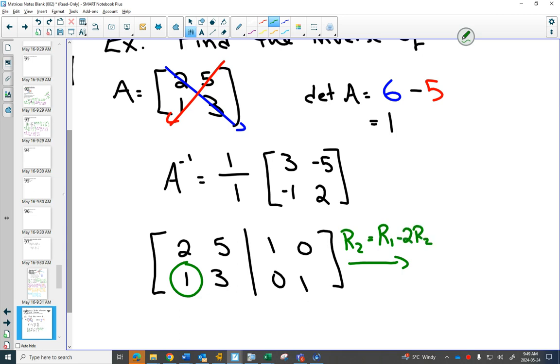What would that do? Well, that's not going to change row 1 at all. So I'm going to have 2, 5, 1, and 0 still. But if I do row 1 minus 2 row 2s, I will get a 0 here. 5 minus 6 will give me a negative 1 there. 1 minus 0 will give me a 1 there. And 0 minus 2 of those will give me a minus 2 there.